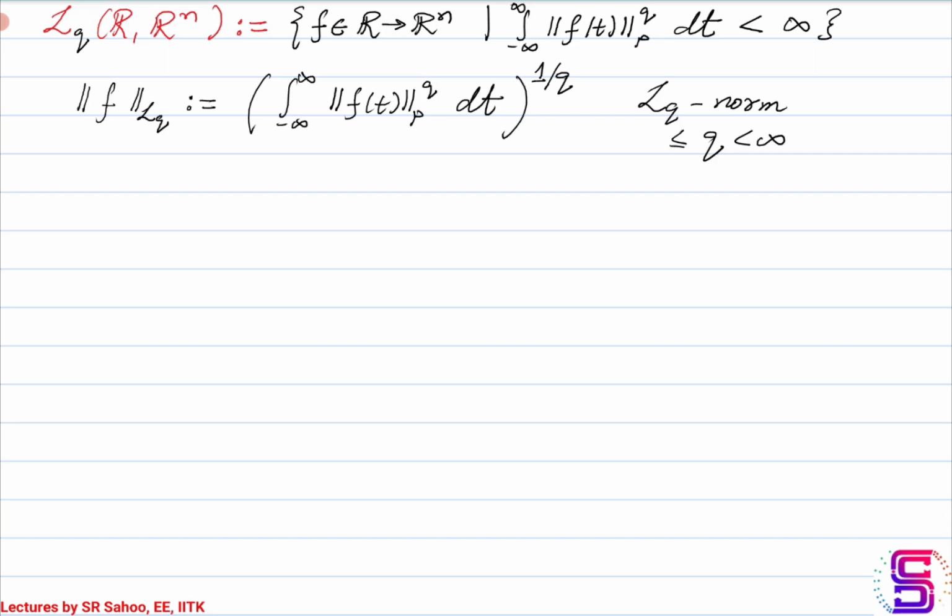Okay, this is in general for q being less than infinity.